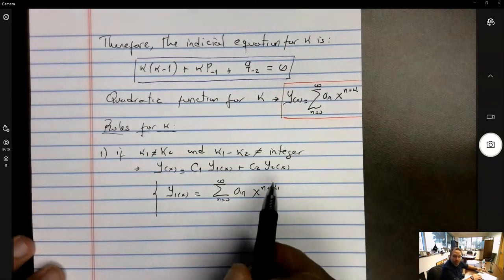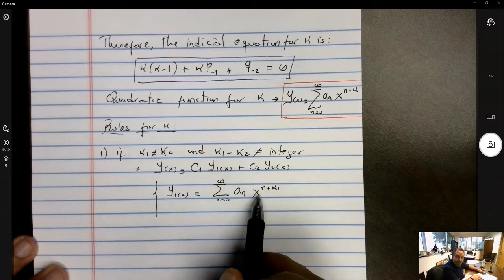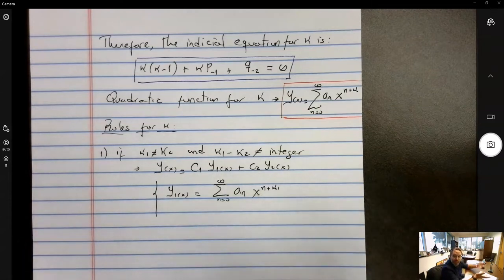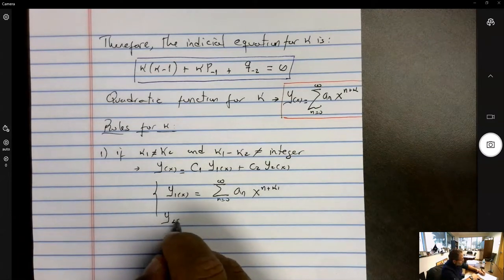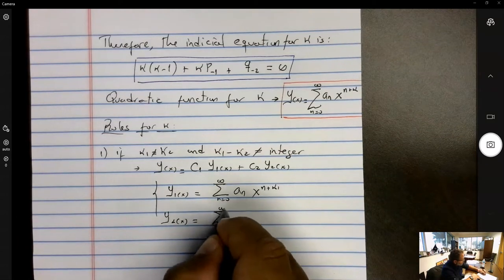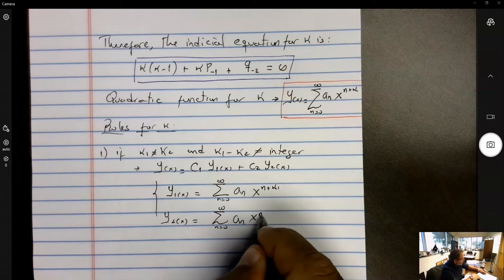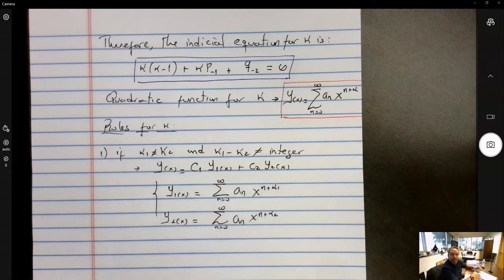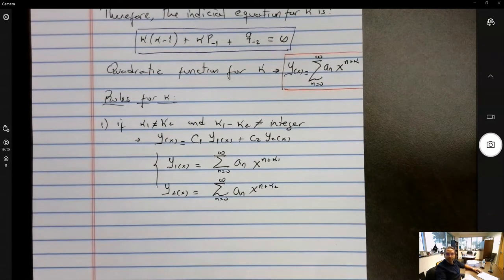Remember, in all of these, we're assuming that the point of expansion is 0, so it's just x minus 0. And y2(x) is the summation from n equals 0 to infinity of an x to the n plus k2. So there are the two roots, and it works out that way.